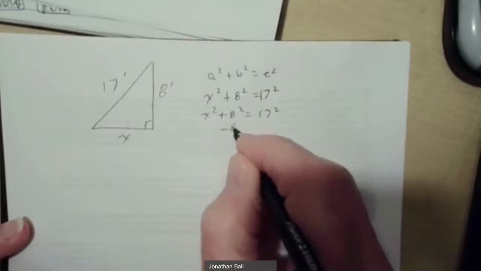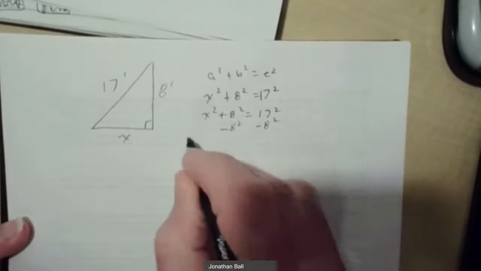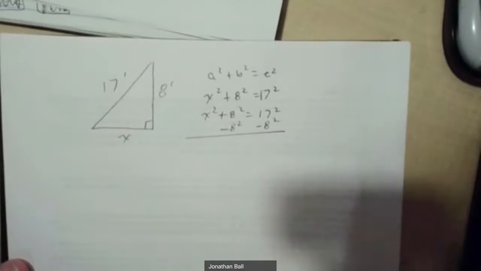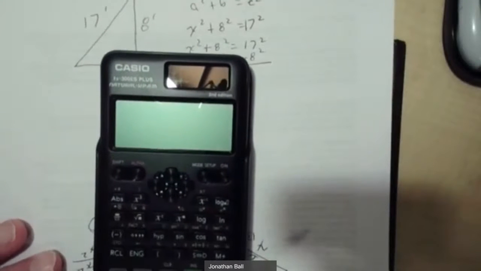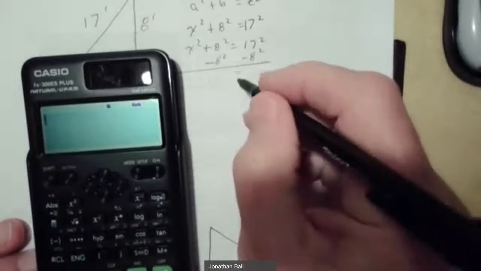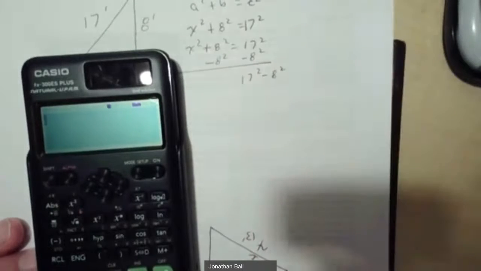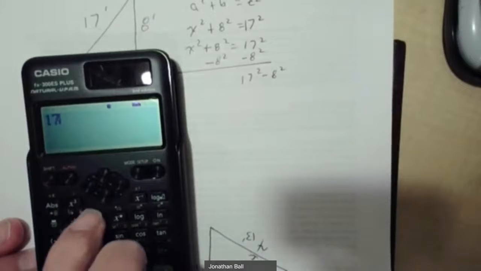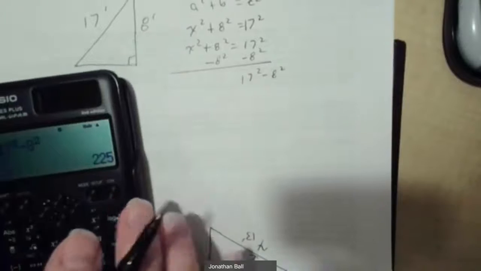So we can subtract 8 squared. Let the calculator do this for you if you want. You don't have to make the squares out of each one of those. So we're given 17 squared minus 8 squared. 17 squared minus 8 squared is 225.